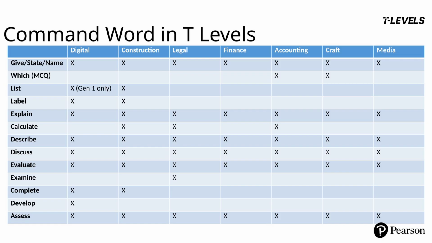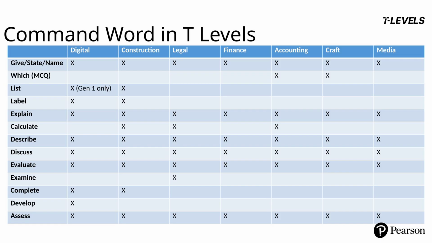Here are the command words we use in our T-Level core exams. Now you might ask, why haven't you got the same command words across all the T-Levels? Well, a good example is the examine command word, which only appears in the T-Level in legal services, because in legal, your students will examine a precedent.